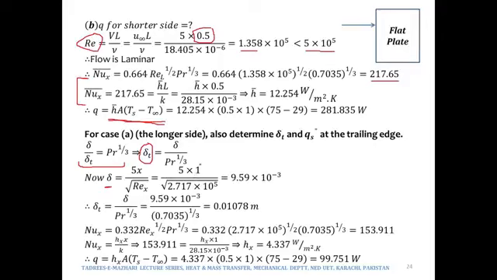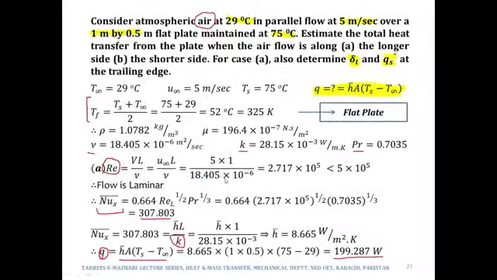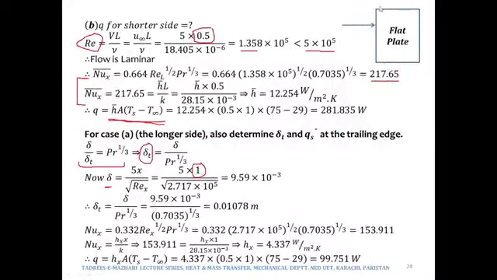Therefore we will put x as 1 meter, over the Reynolds number calculated over here as 2.7, because right now flow is taking place in this manner and it is not taking place in this manner.